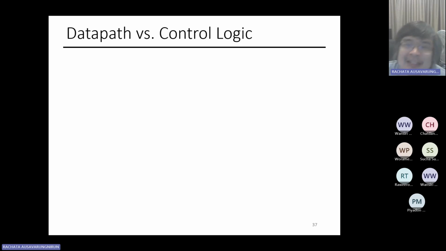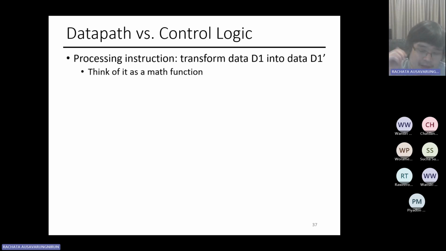Okay? The next piece of background before we dive deeper is datapath versus control logic. When you process an instruction, you move from architectural state 1 into architectural state 2. From the data point of view, basically you're transforming your data from D1 to D1 prime.